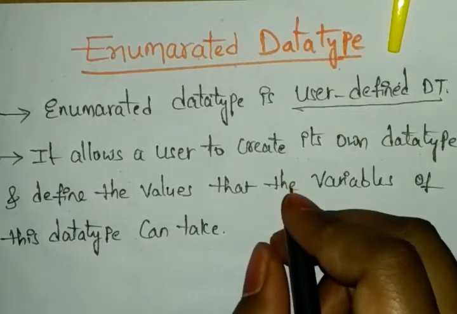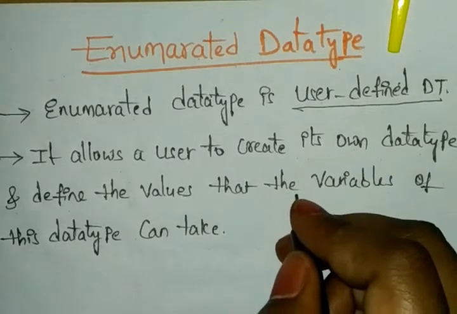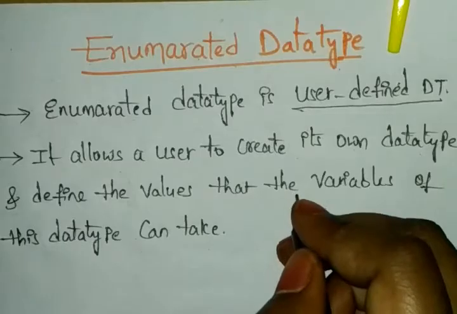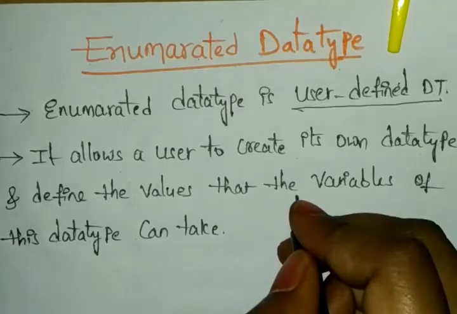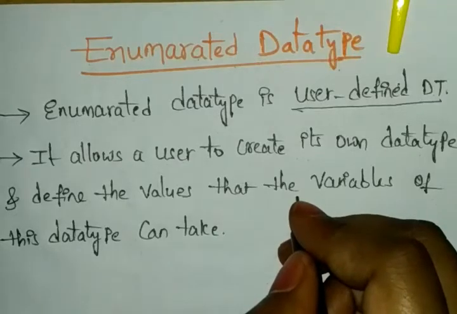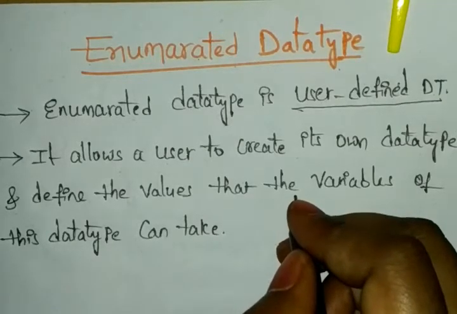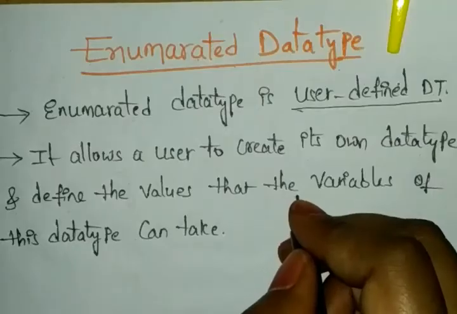For example, the user defined data type has all the properties of the integers. Once the integers are applied to the enumeration data type, the enumeration will have a size of 2 bytes.